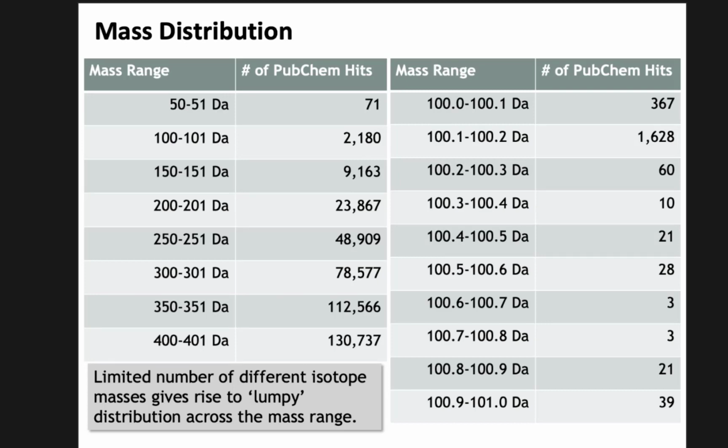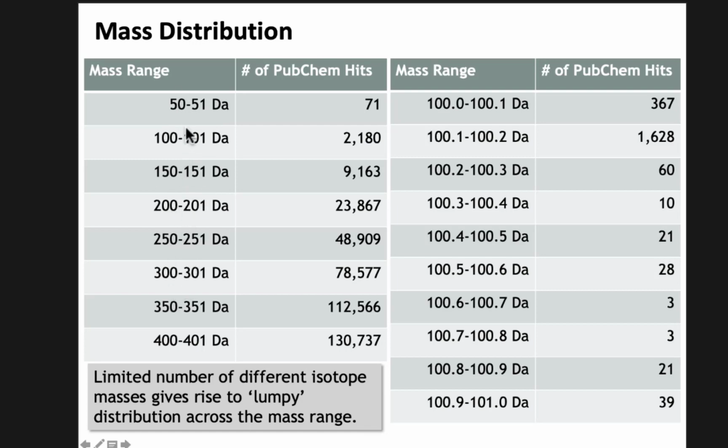So masses are not distributed evenly, and metabolites or metabolite masses are not distributed evenly. So when you look at this table, it seems to be very plausible at first. Between 50 and 51 Dalton, so these are all 1 Dalton bins. 50, 100, 150, 200.